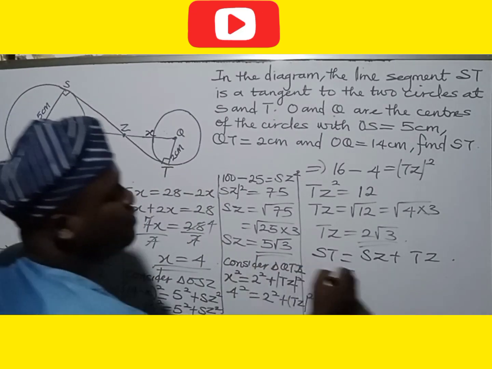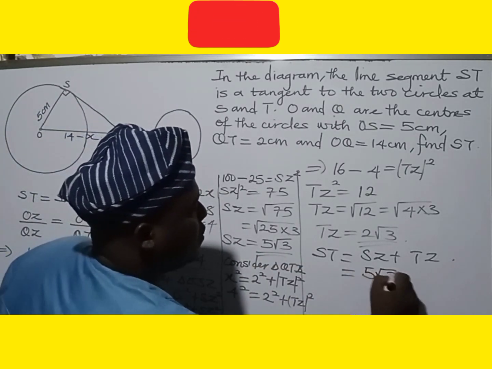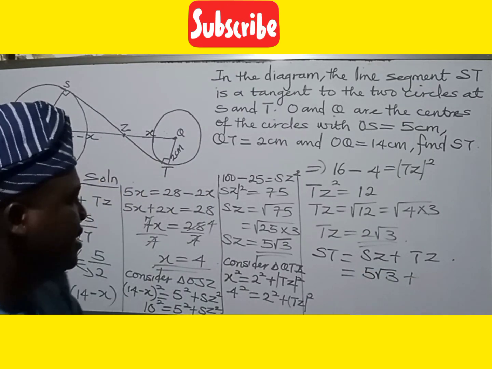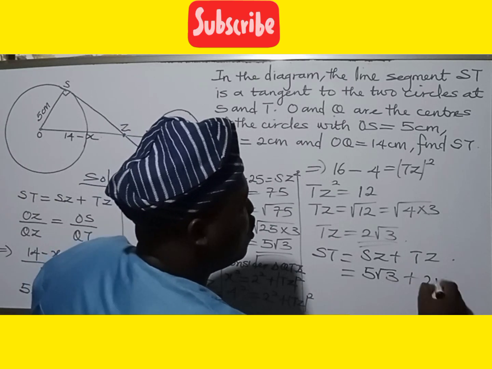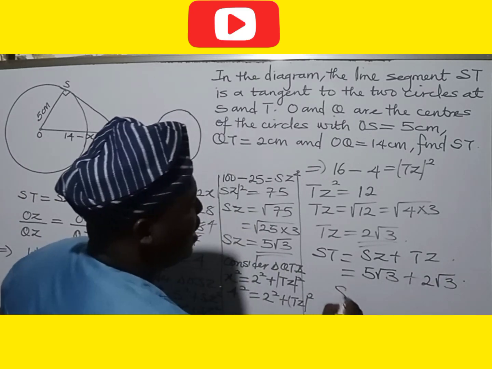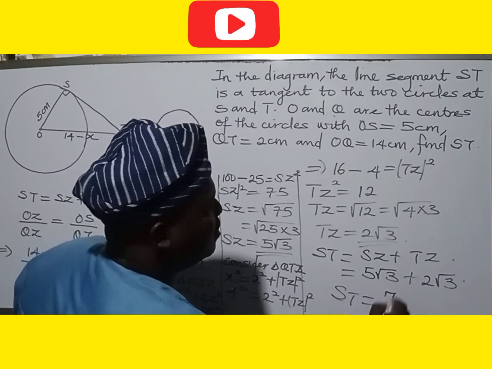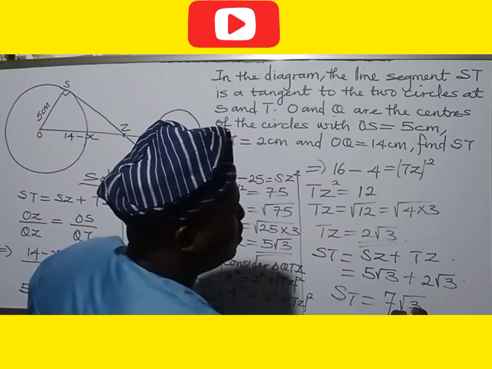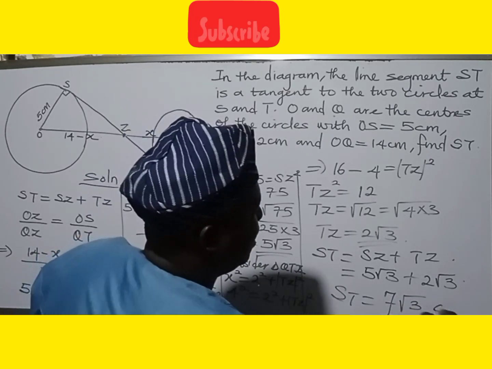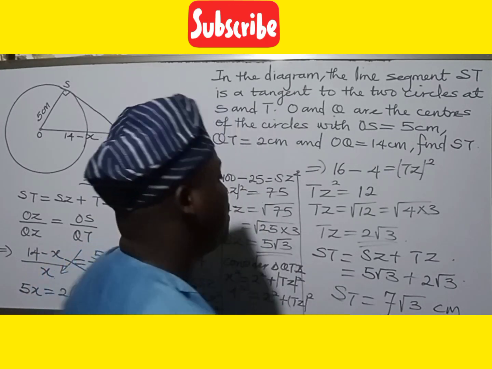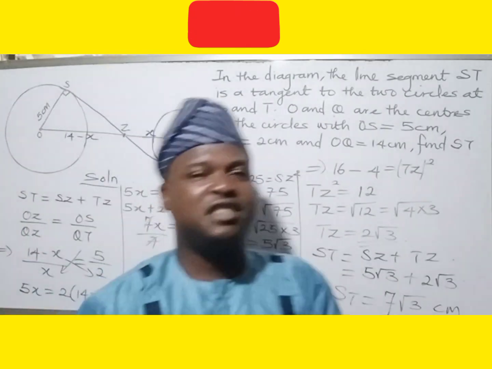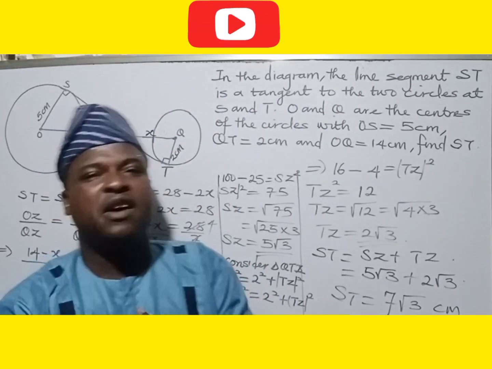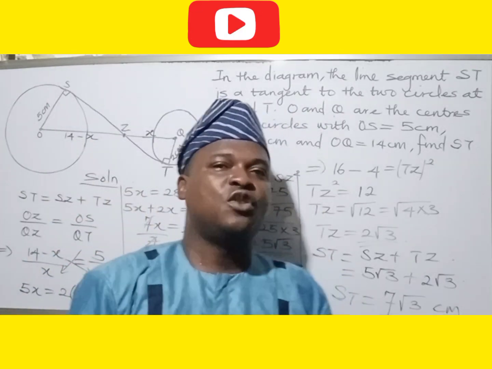Our SZ is 5 root 3 plus our TZ, which we just calculated, is 2 root 3. So our ST will now be 7 root 3 centimeter. Of course, we can find the square root of 3 and express our answer in decimal, and we can as well leave our answer in short form.